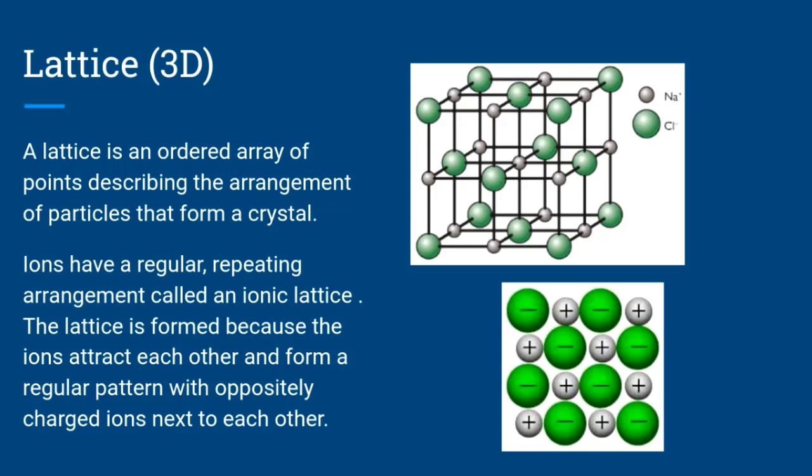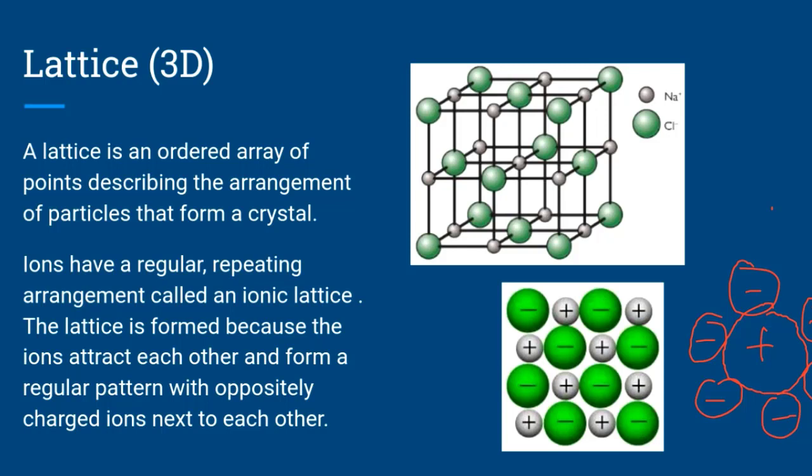One chlorine ion is going to be attracted to a sodium ion in all directions, not just left to right, but also up, down, into the page, and in all dimensions. We have these ions being attracted to each other in all different dimensions, and we form this three-dimensional array that forms into a crystal.